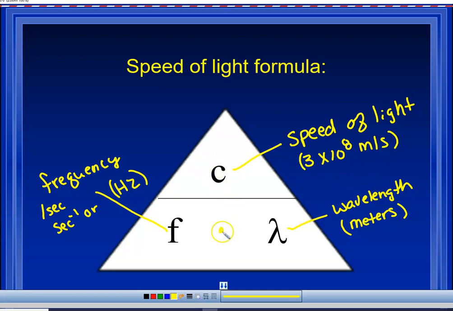Okay, and of course there's a dot in between there. So just like when we use the density one, you cover what you're looking for and that becomes your formula. So if you're looking for wavelength, you can take the speed of light, divide by the frequency. If you're looking for frequency, you would take the speed of light and divide by the wavelength in meters. So very simple that. We won't be looking for speed of light because it's a constant, 3 times 10 to the 8th.